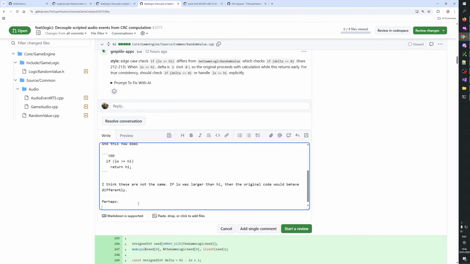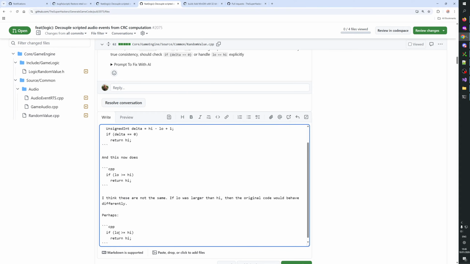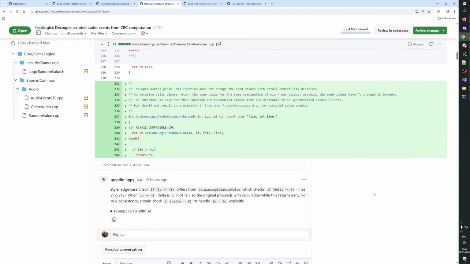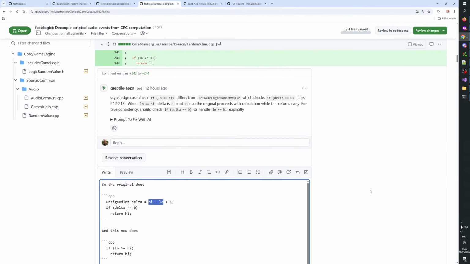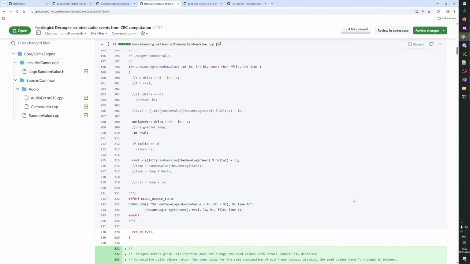So perhaps plus one, plus delta 0 high minus low and high, low, high, low.